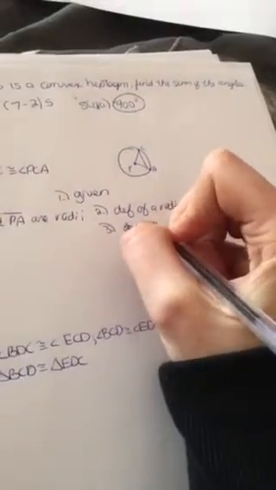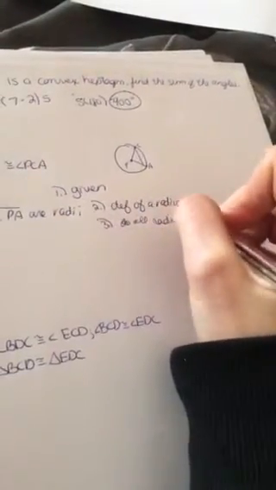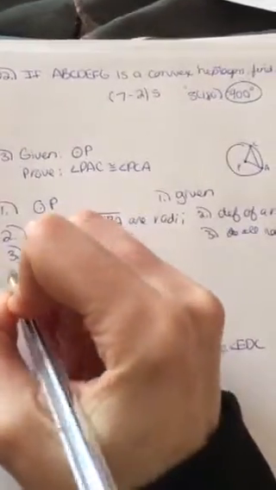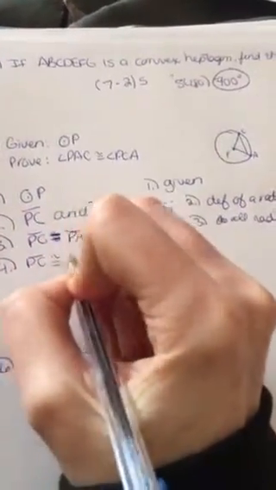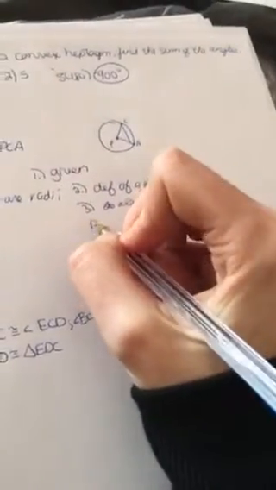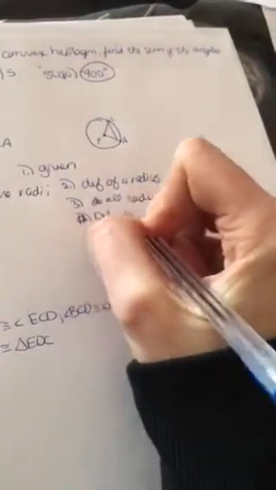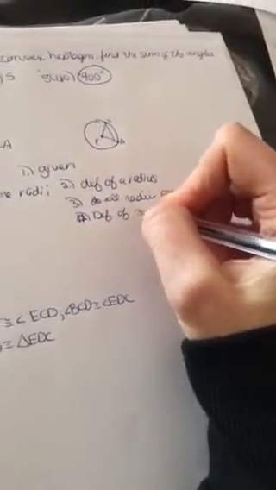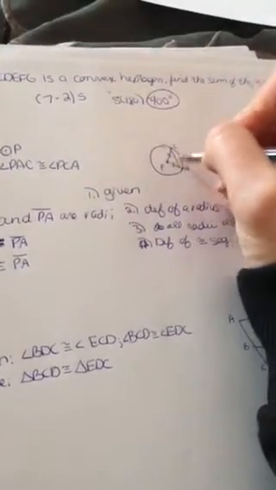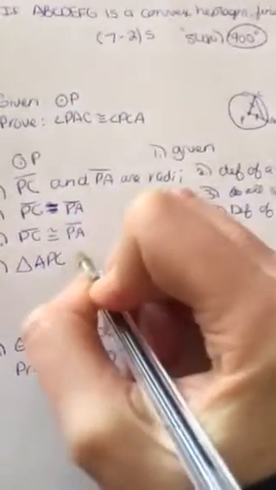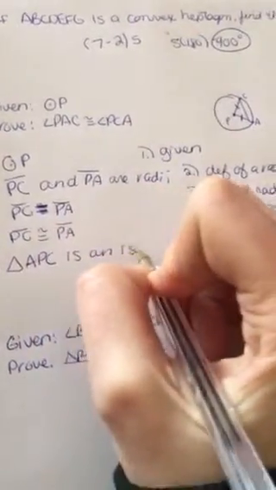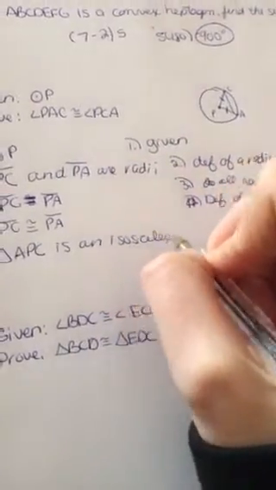All right, so I know that PC is congruent to PA because all radii are equal and are therefore congruent. I should say equals, because again, all radii are equal. If they are equal and they are also congruent, definition of congruent segments. Okay, so I'm going to put that on here. So if both of these are congruent, then I have triangle APC is an isosceles triangle.